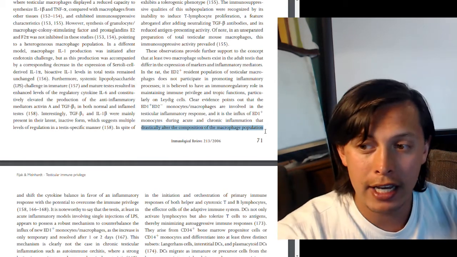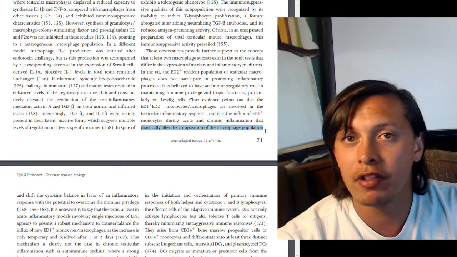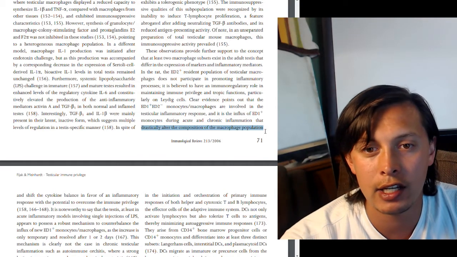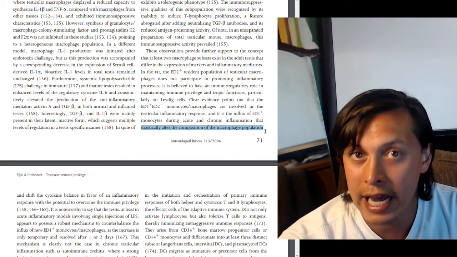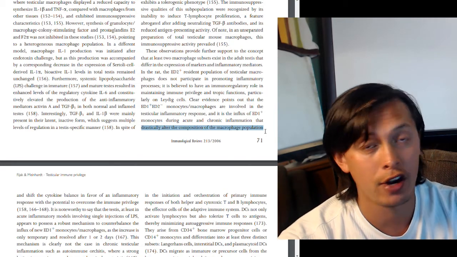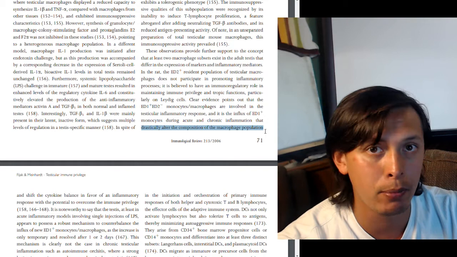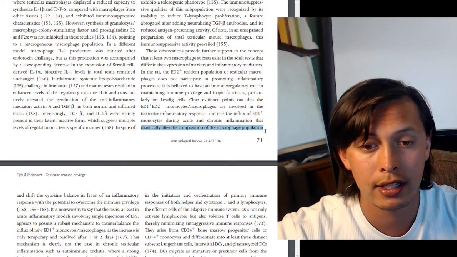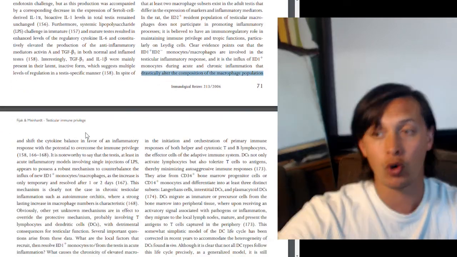But in chronic and acute inflammation, you need to have the influx of these ED1 positive, ED2 negative immune cells that are normally in low numbers in the testes. You need to get an influx of those in order to create more of an inflammatory response.